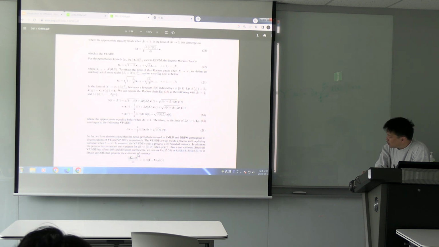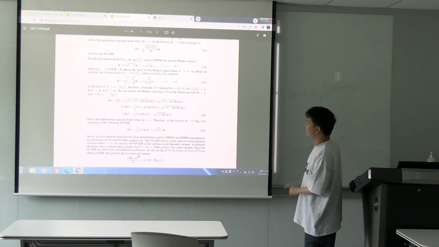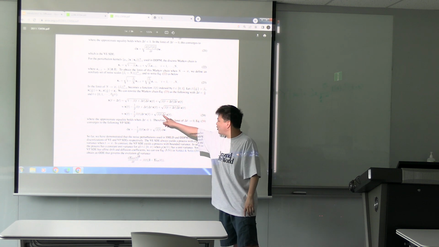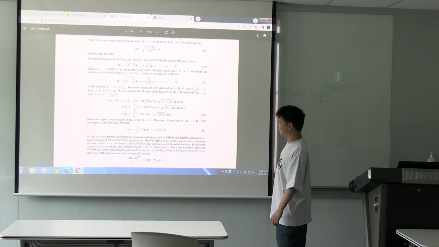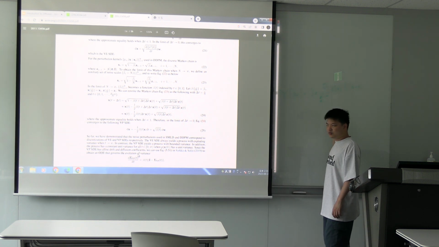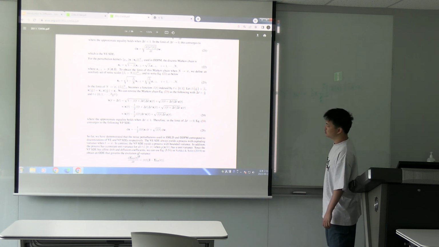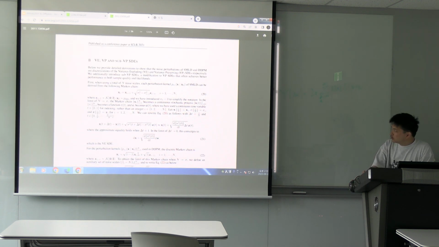Where is it? Equations 24 to 25. Oh, right. dw is the square root of delta t times a zero-mean normal distribution. So it's essentially a function of t: the square root of delta t, times noise.